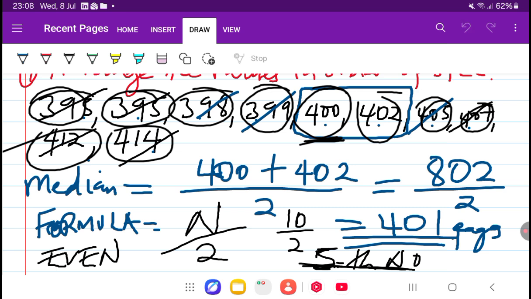So once you have gotten the fifth number, you sum those two values, because the fifth number is giving you 400, and even when you count from both sides, it gives you that fifth number. That means that's the number in the middle.